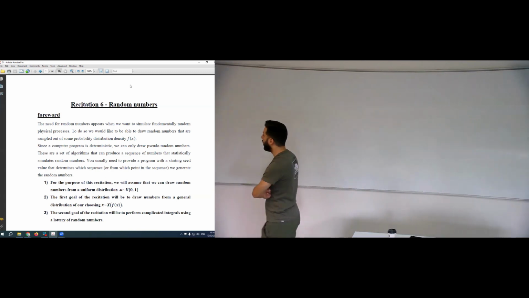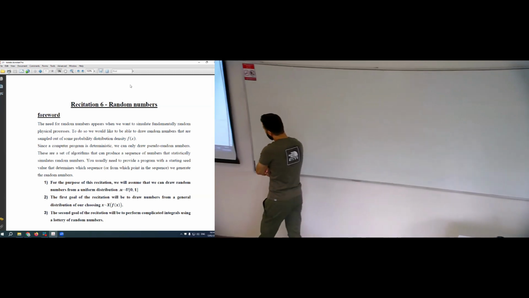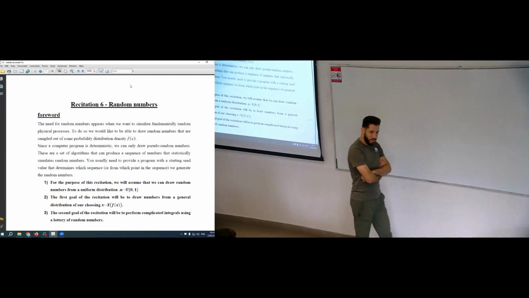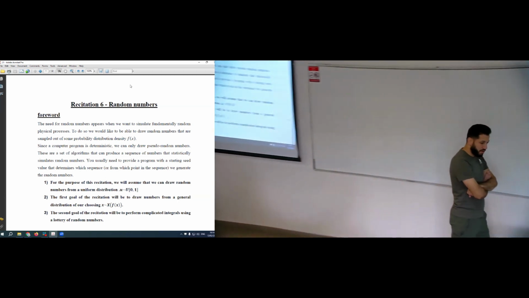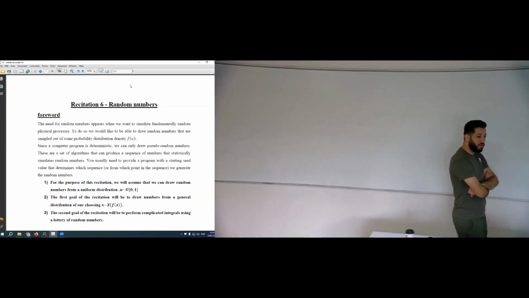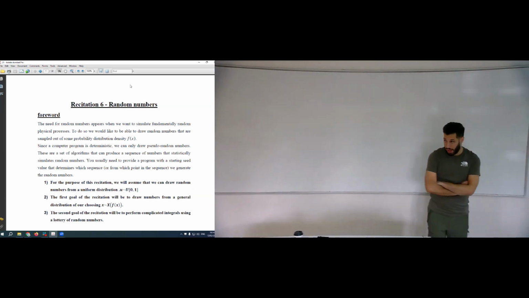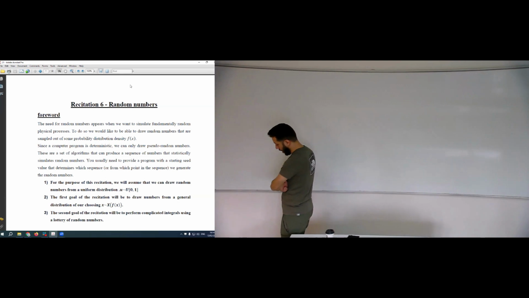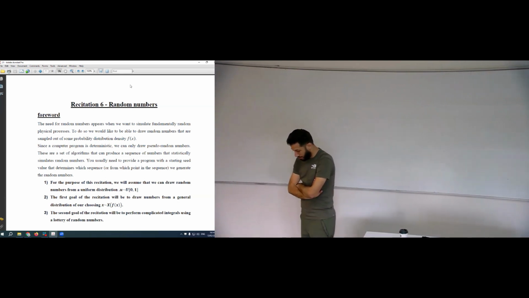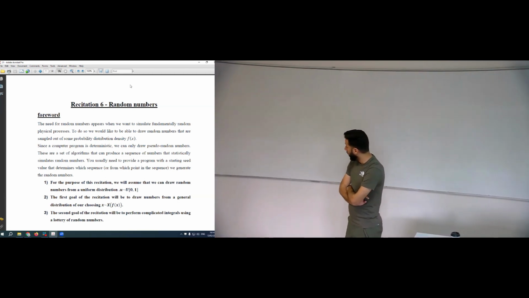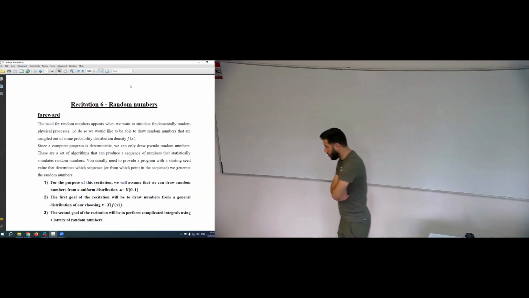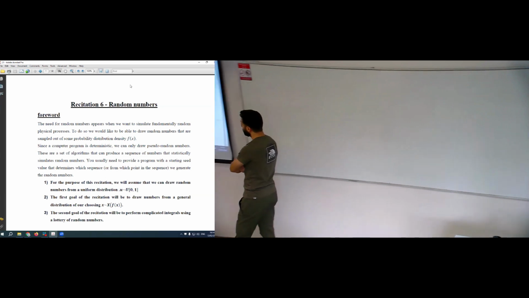So we somehow produce pseudo random numbers, and we accept the fact that a given computer can produce for us uniformly sampled variables or numbers from 0 to 1. That's something that we will assume.